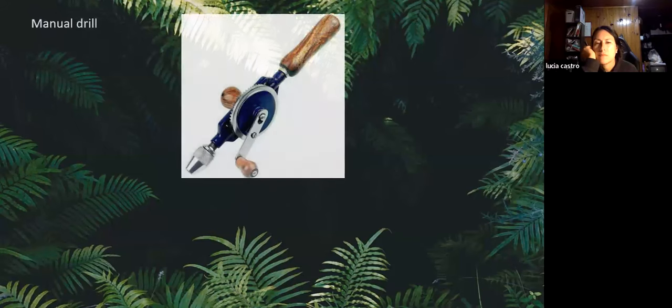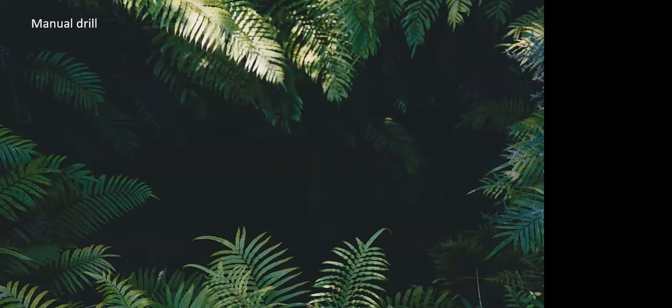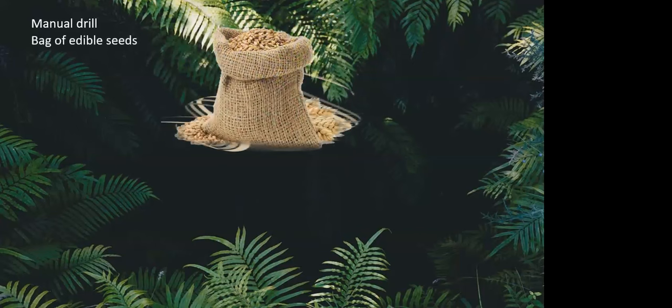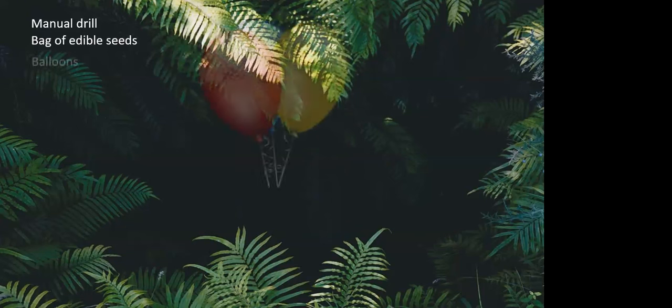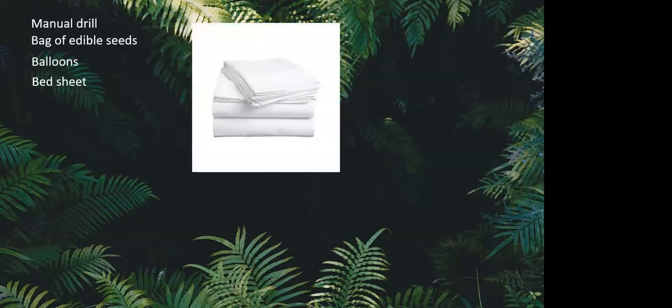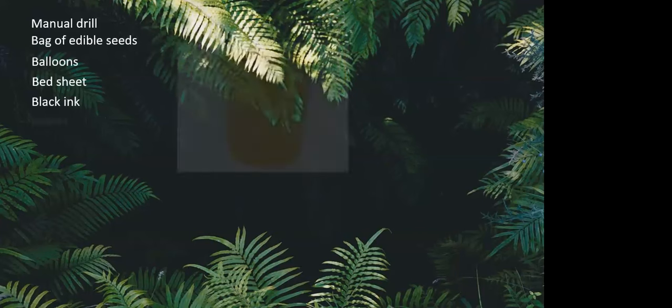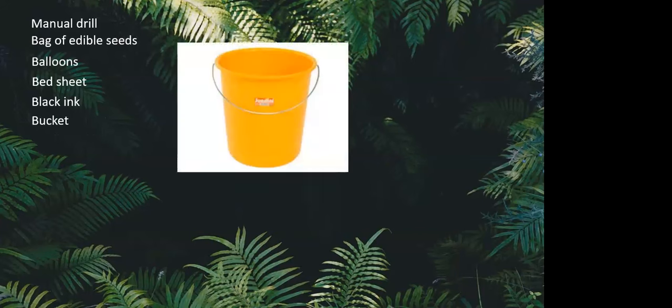Yes. All right, so the first one we have the manual drill. Then we have a bag of seeds. Then we have balloons. We have a bed sheet. We have blank ink. We have a bucket.